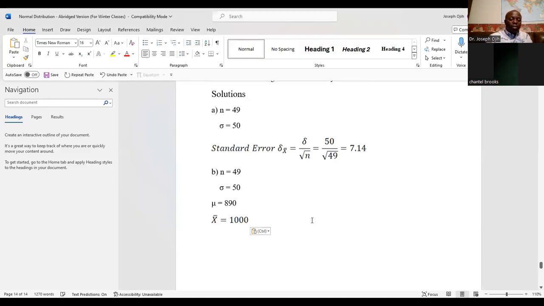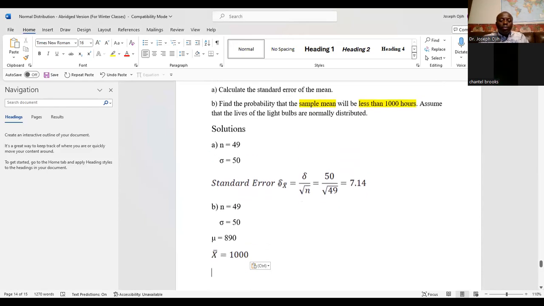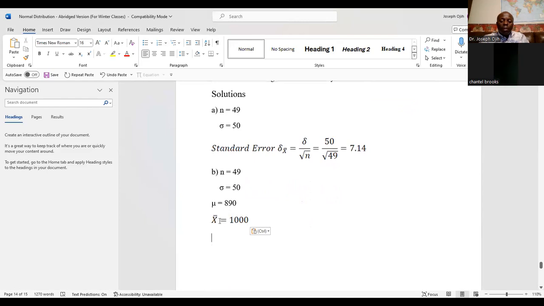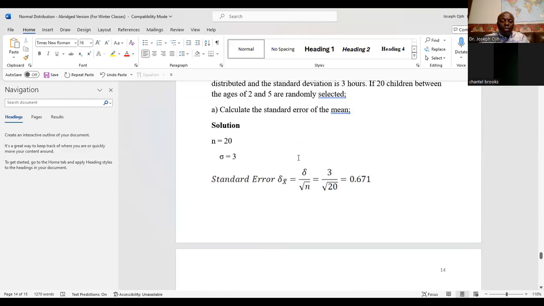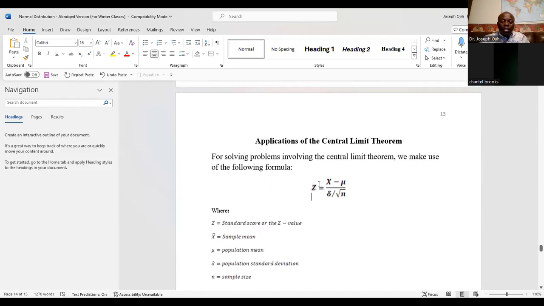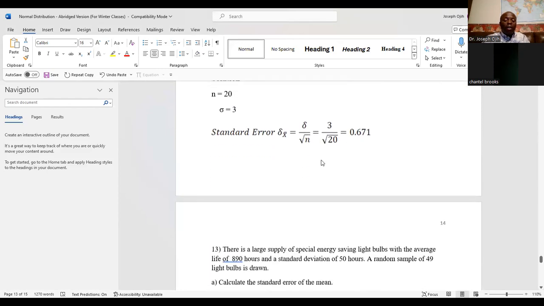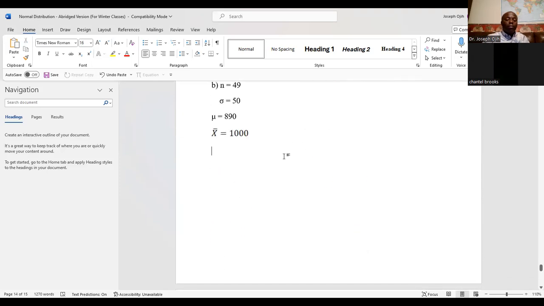Now we can use this to find the probability. We find the probability by transforming this sample mean using the transformation formula for the central limit theorem. This is the formula we're going to use. Let me write down the information we have about the sample mean. x bar is 1,000.